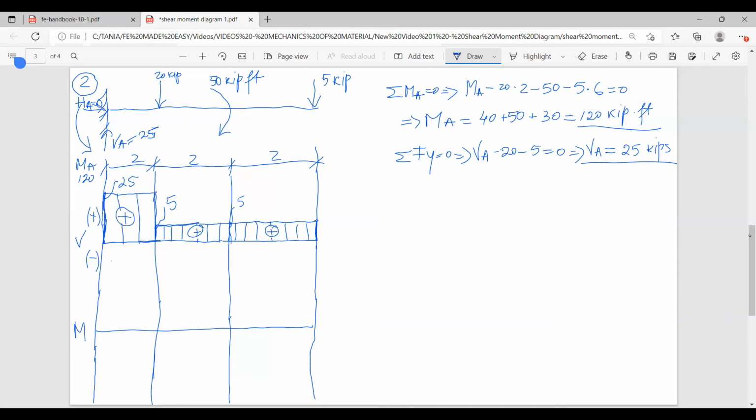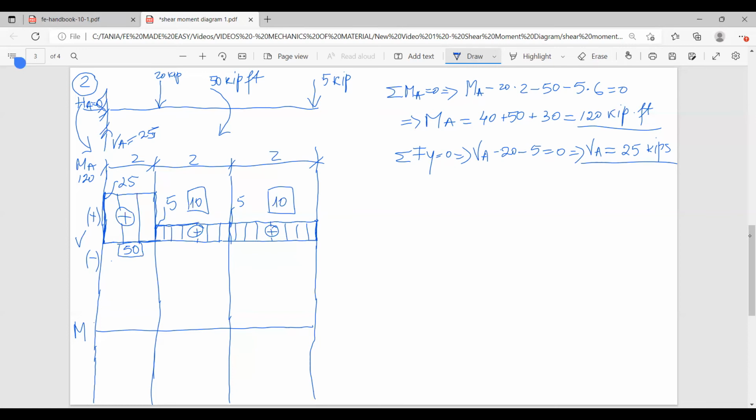Now let's calculate the areas so we are able to draw the bending moment diagram. This is 25 times 2, 50. This is going to be 10. And here I'm going to have 10. All right.